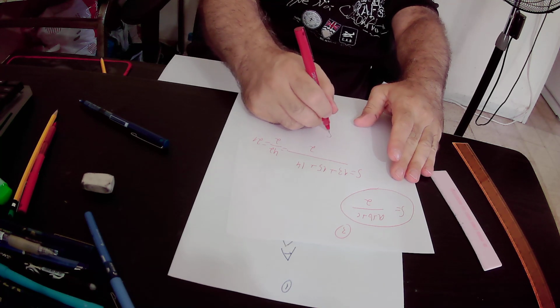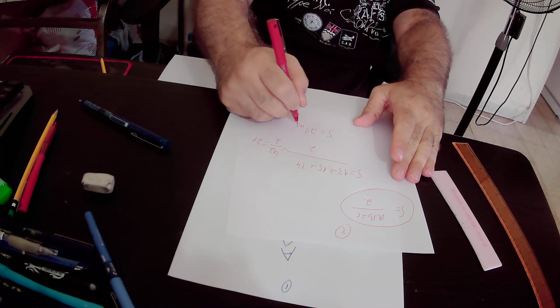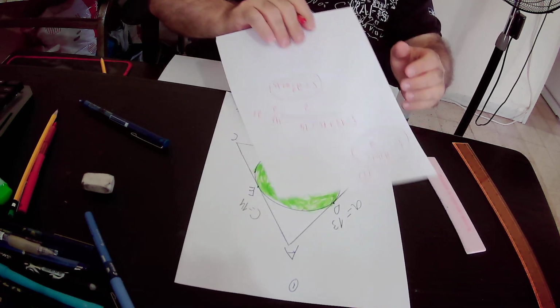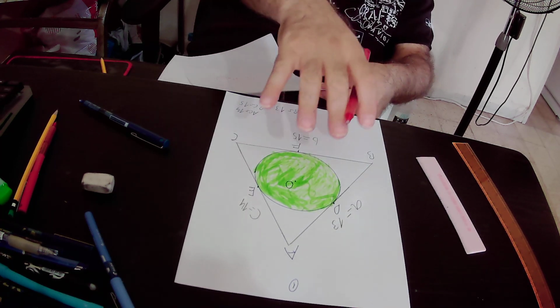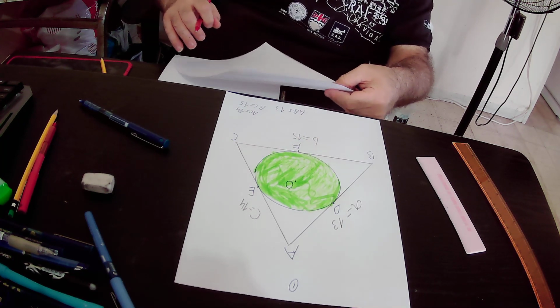So the semi-perimeter of our triangle ABC equals 21 units.